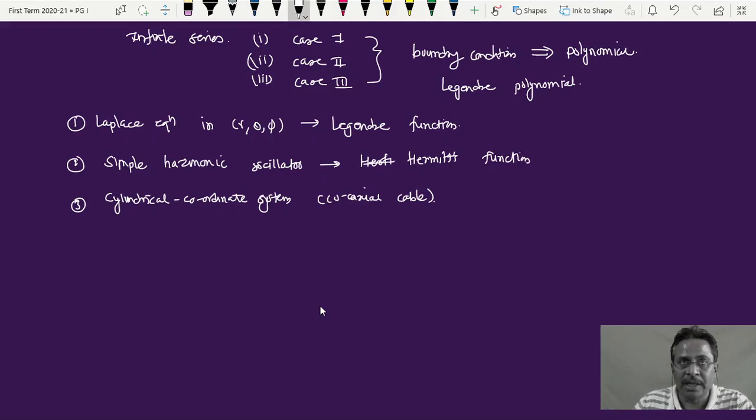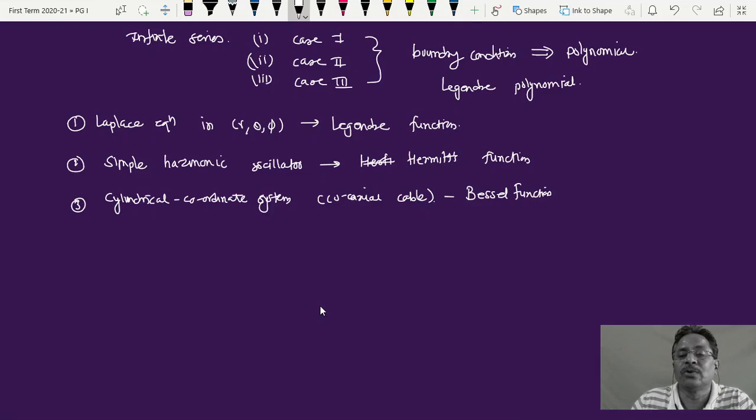That is the wire which has different coaxial layers, and it is conducting something, either electric field, magnetic field, or some current. So in such a problem, we need very special functions which are called Bessel functions.